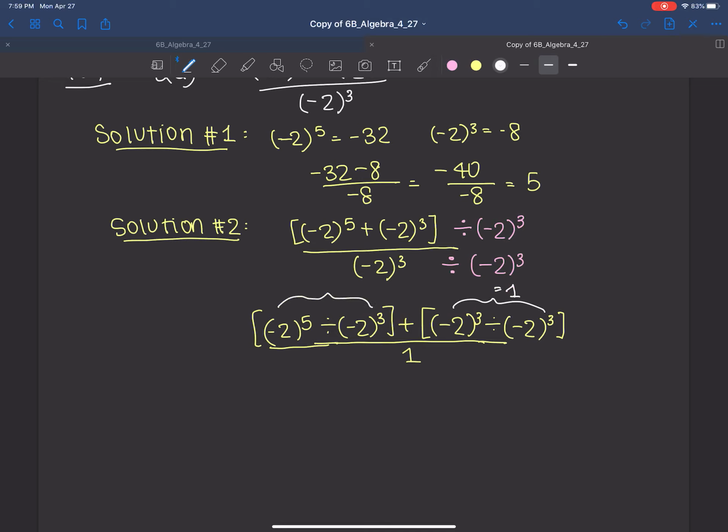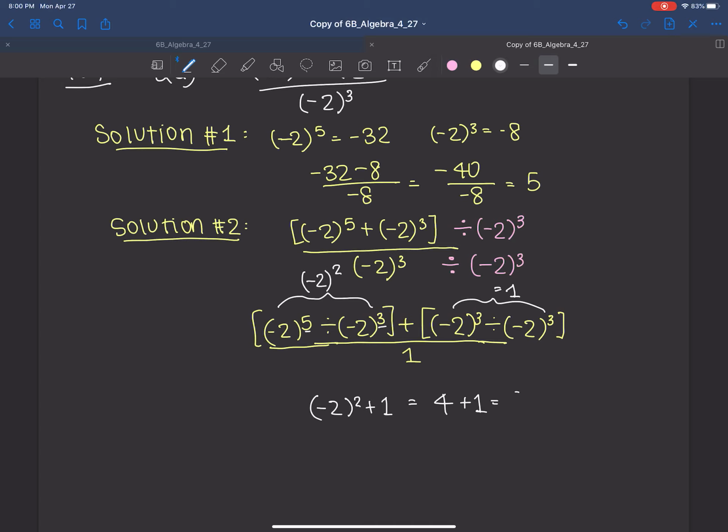How about this part? If we use the rules for exponents, note that these rules don't change at all when we change to negative bases. We keep the same base, but we subtract the exponents. So this becomes minus 2 squared. So now we have minus 2 squared plus 1 overall, which is 4 plus 1.